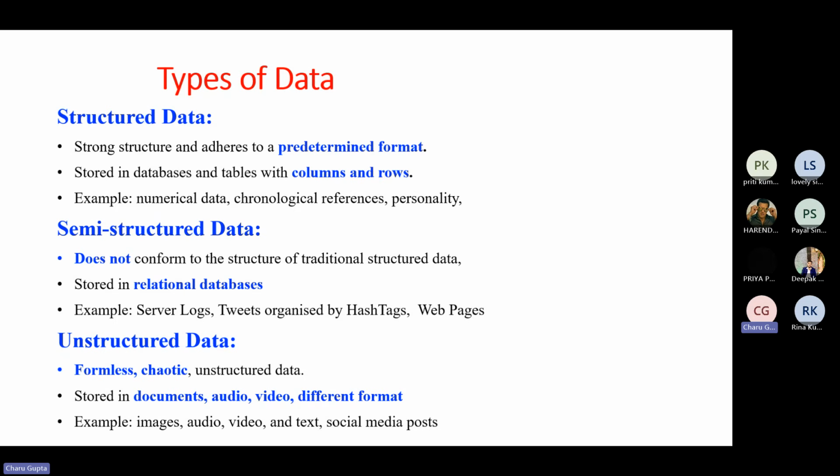Server logs, right. Unstructured, which is completely unstructured, will be totally formless and chaotic.